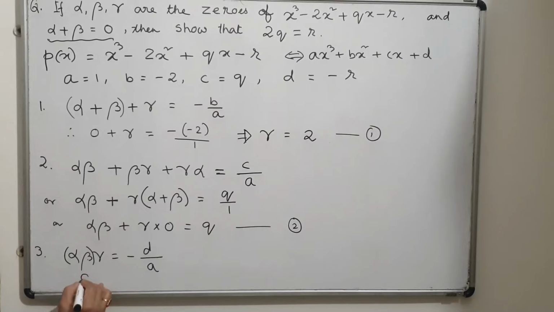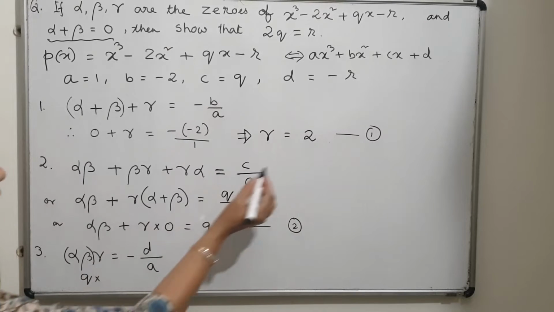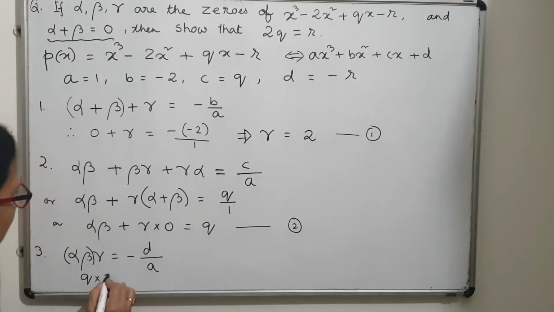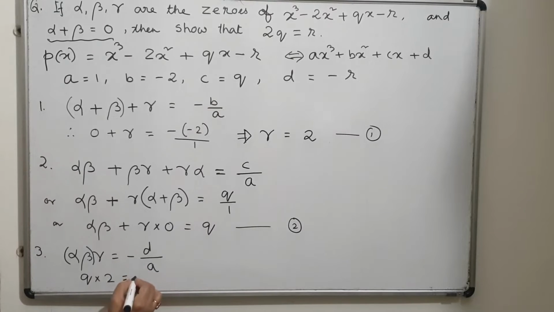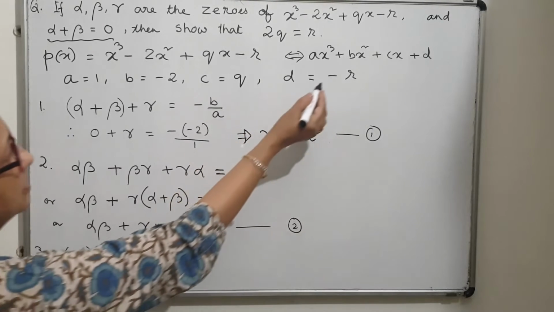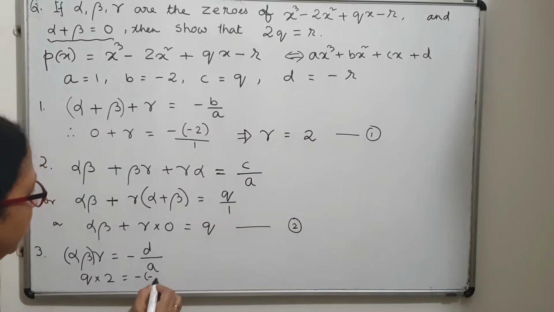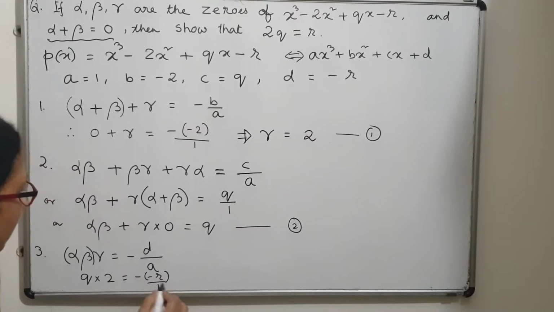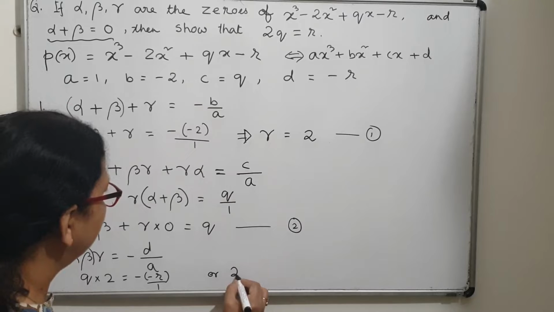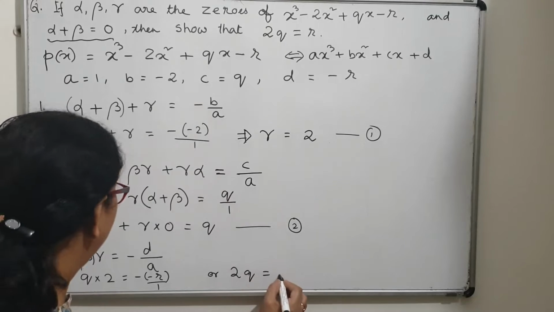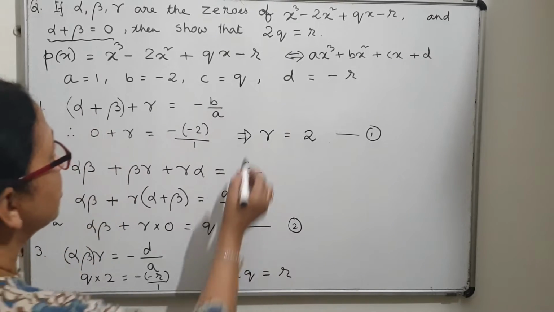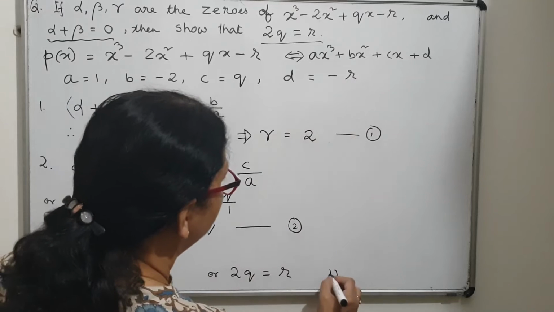So I can write it as q. And gamma from equation 1 it is 2. Minus, what is d? It is minus r. Minus r, a is 1. Or twice of q is equal to r. This was asked to prove, hence proved.